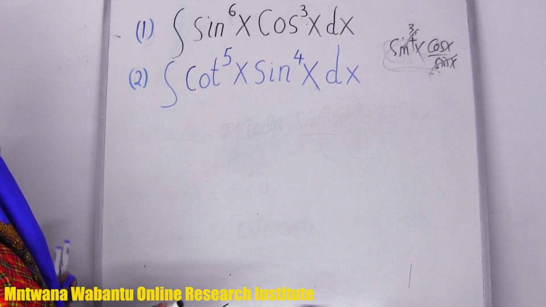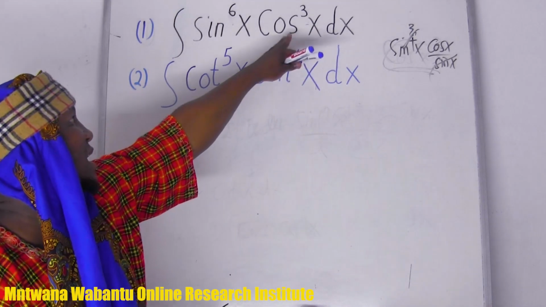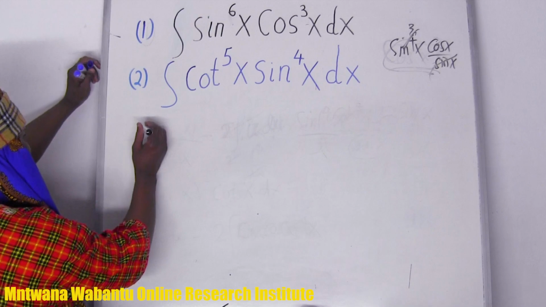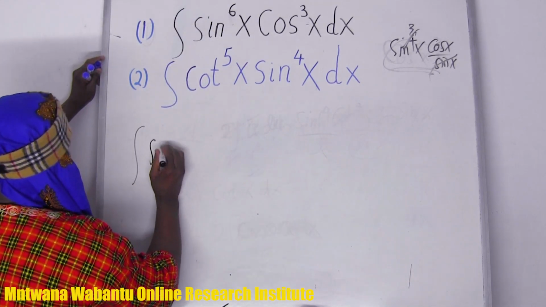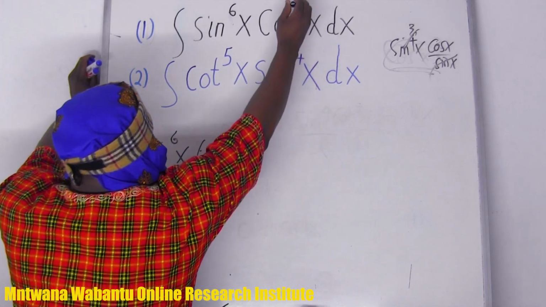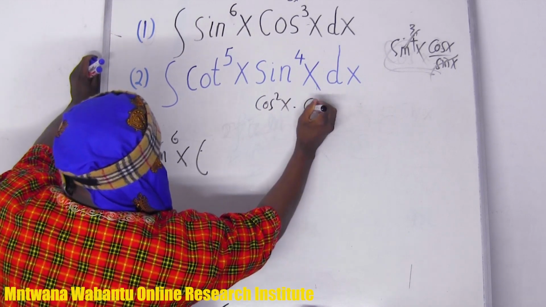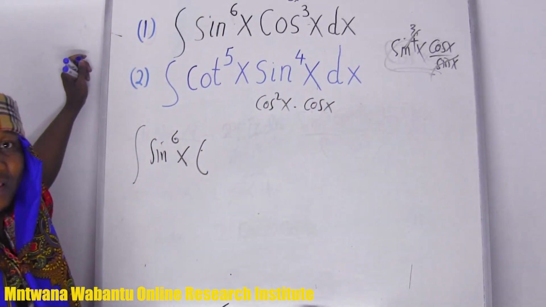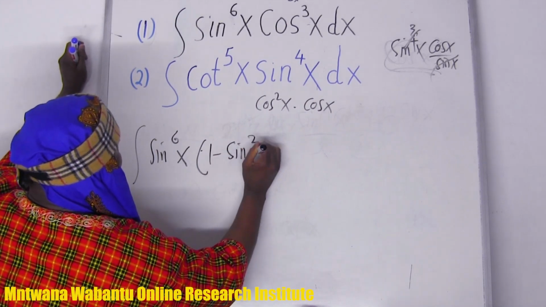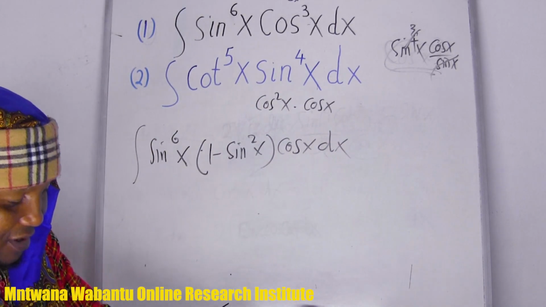So question number 1, let's say. What I'm going to do, if I have a sine and cos, is break the one with the odd power. So this one I'll leave there how it is, because I know I'm going to let u later. Now for cos, I'll take cos squared x times cos x, which is cos power 3x. Then I know this is going to be 1 minus sine squared, and this is going to be cos x dx, because I know I'm going to let u, just like how I did before.